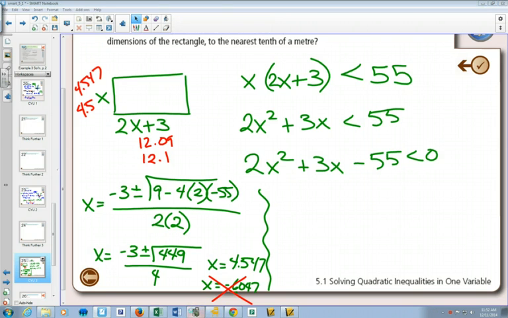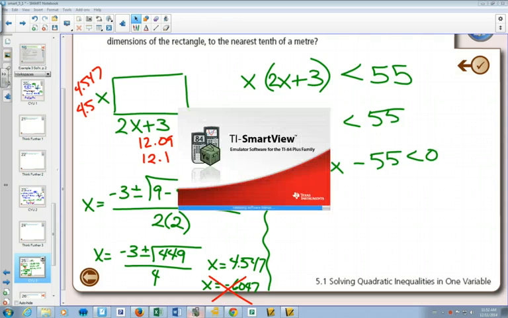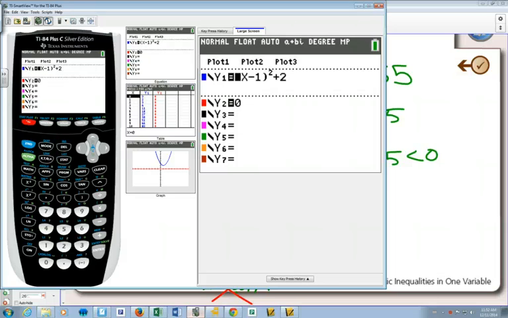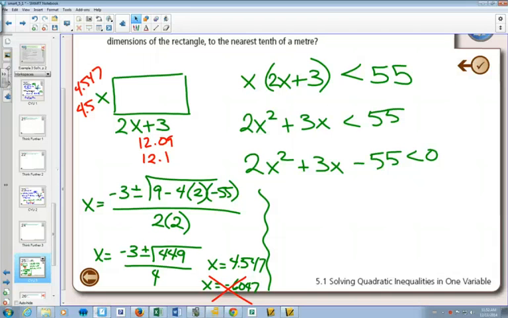We could also graph this on our graphing calculator and find our x-intercepts that way. Again, not a bad thing to review. So I'm going to go to y equals. I'm going to type in the equation that we had, which was 2x squared plus 3x minus 55.